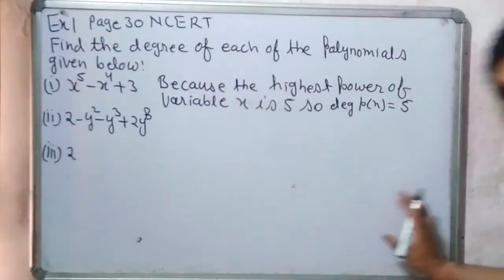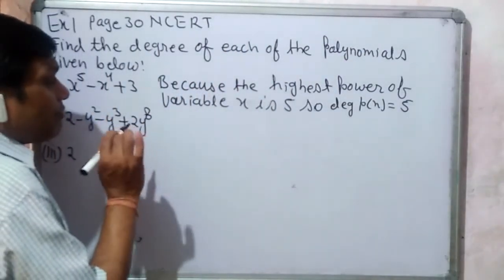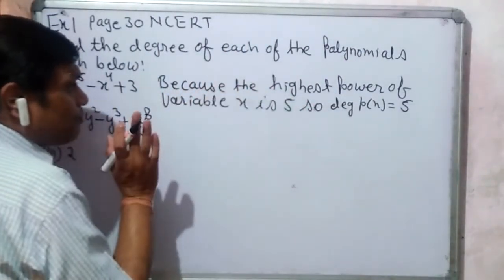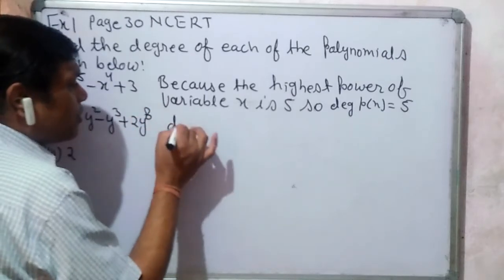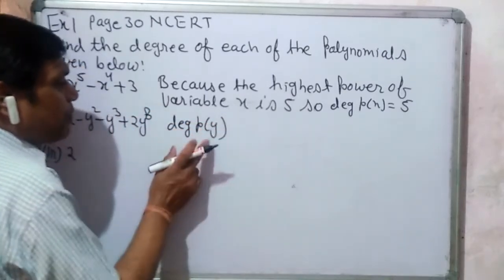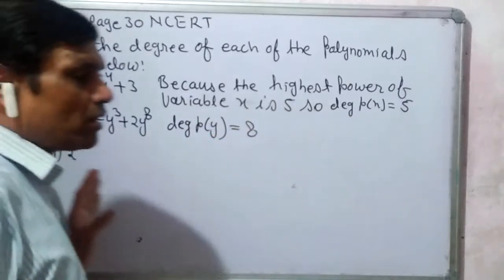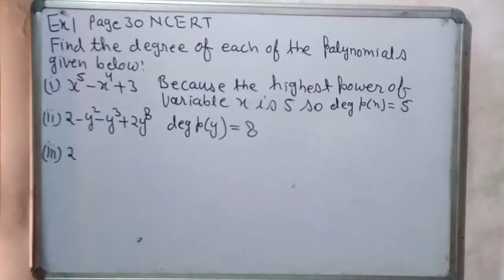So what will be the degree? Obviously 8. Here again we can write the statement, but we can write it directly also. Degree of p(y), this time it is a polynomial in y, is 8. We can write the complete statement: because the highest power of the variable y is 8, the degree of p(y) is 8.